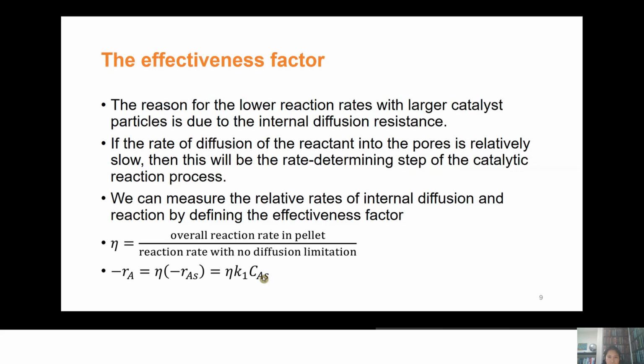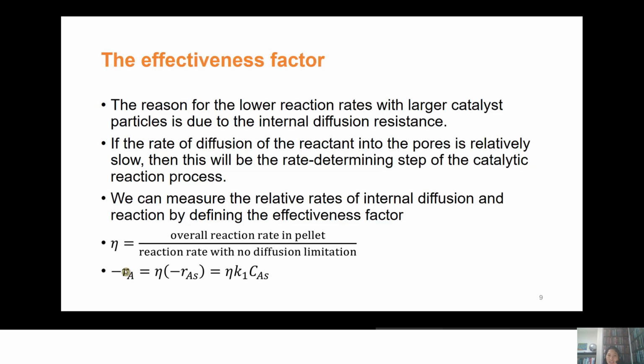Again, remember that the reaction only takes place on the solid phase or the surface of the catalyst, or the active site of the catalyst. So you know how to write rate expressions. You can just multiply that by the effectiveness factor eta to get the overall rate of your catalytic process. So easy, right?